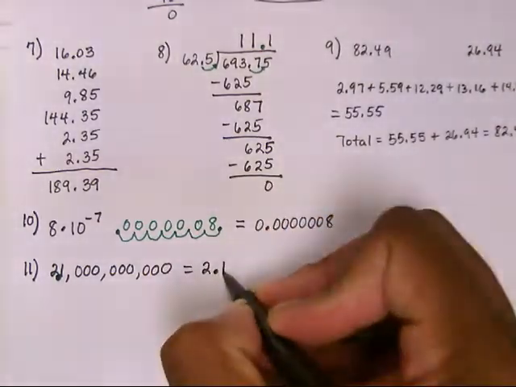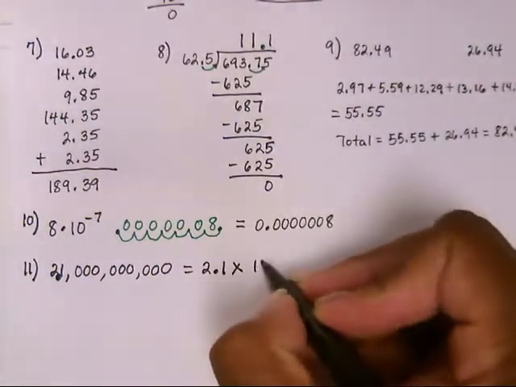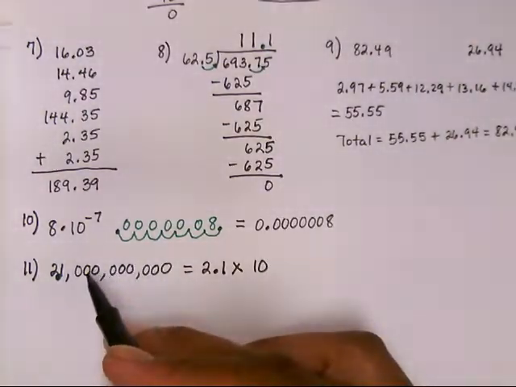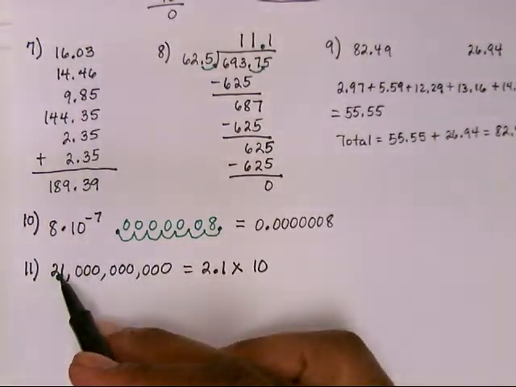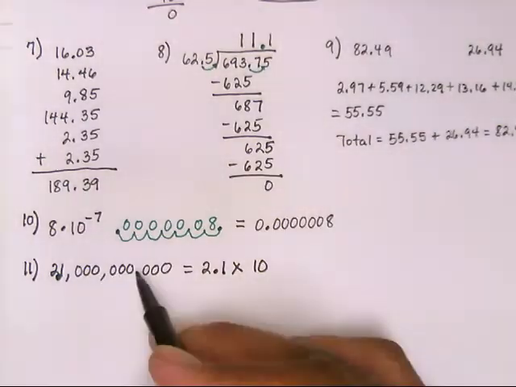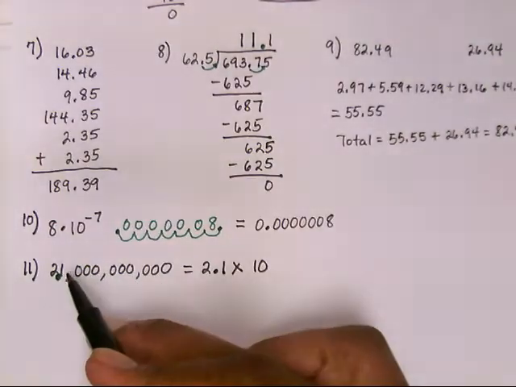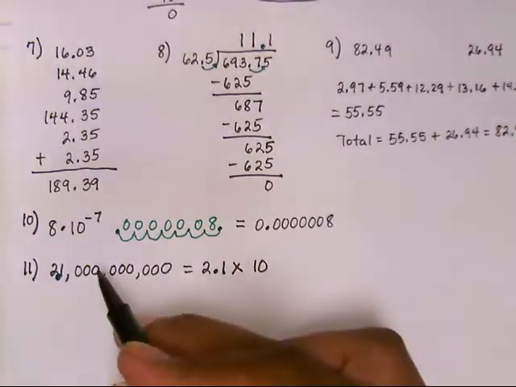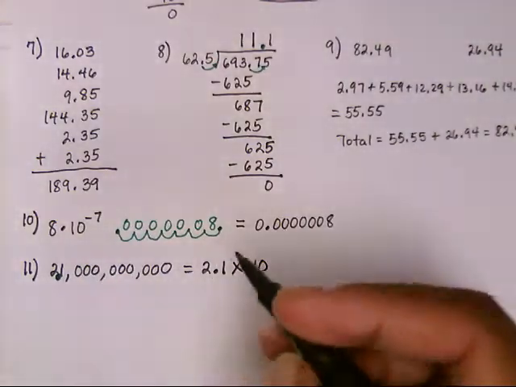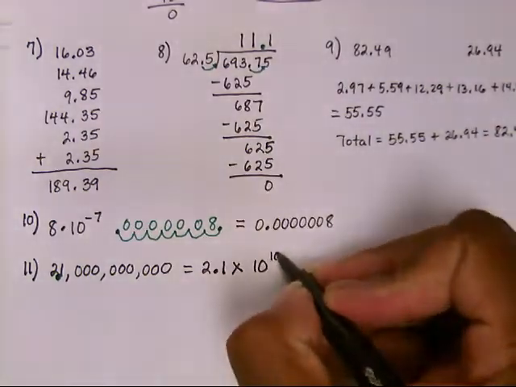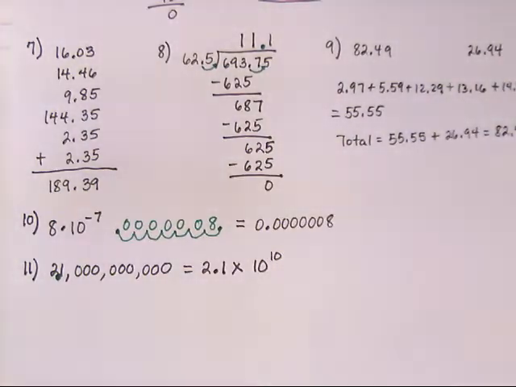So it's going to be like 2.1, and it's going to be multiplied by 10. Now, if I place the decimal point behind the 2, I need to count how many numbers are there behind the decimal point. That will tell me the exponent for 10. In this case, there are 10 numbers behind that decimal point. So it'll be 2.1 times 10 to the 10th.